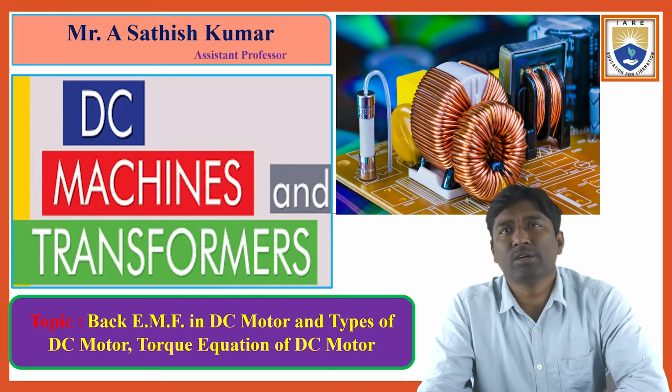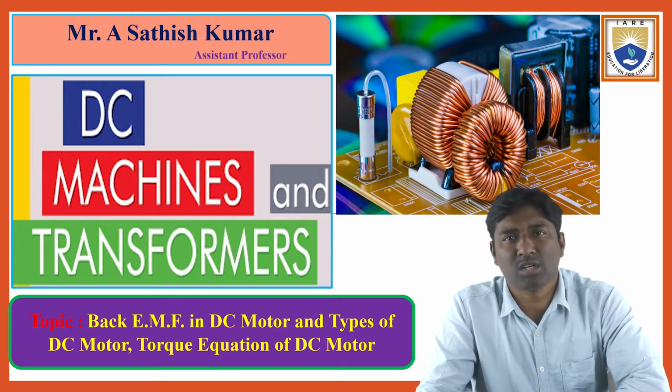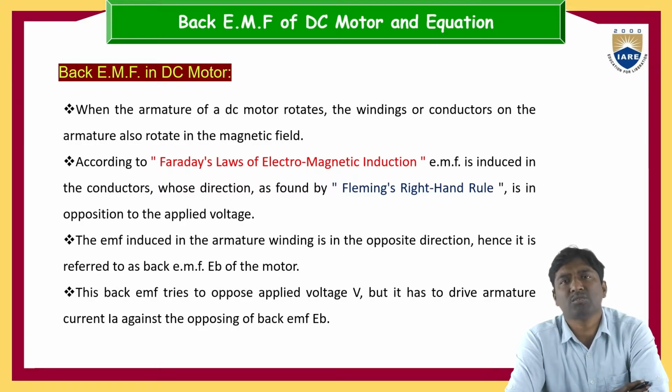Before going to discuss the back EMF in a DC motor, the principle of the DC motor is nothing but Faraday's law of electromagnetic induction. The construction of the DC motor is almost the same as the DC machine. According to Faraday's law, if a current carrying conductor is placed in a magnetic field, then EMF will be induced in the coil.